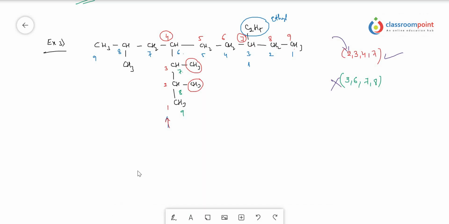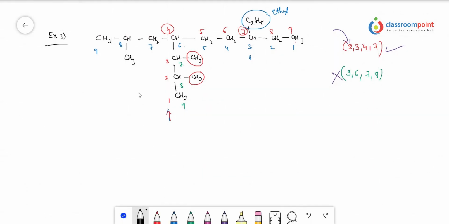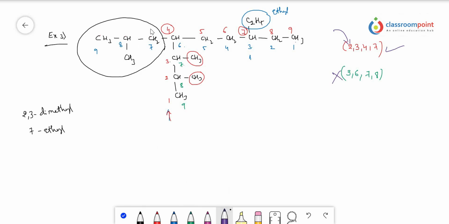So in the red color, how many substituents are present? At the 2nd position and 3rd position, 2 methyl groups are present. So we will write 2, 3 dimethyl. And at the 7th position, an ethyl group is present, 7 ethyl. At the 4th position, there is a complex substituent, a substituent having another branch. So give the numbering here, from here 1, 2, 3.